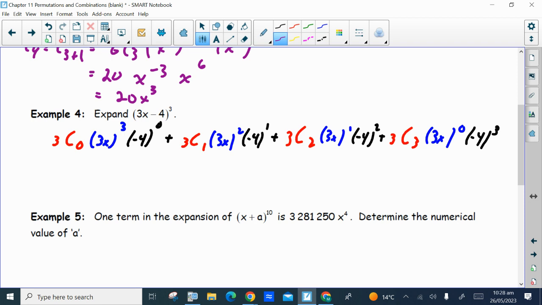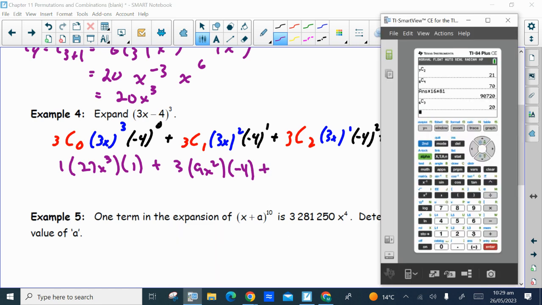And so now we'll finish it off. 3c0 is 1. 3x all cubed will be 27x cubed times negative 4 to the power 0, which is 1. Anything to the power 0 is 1. Plus 3c1 is 3 times 3x all squared is 9x squared times negative 4 to the 1, plus 3c2, I think that's 6.